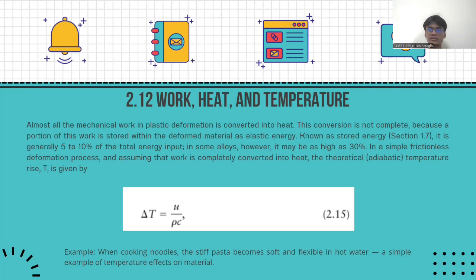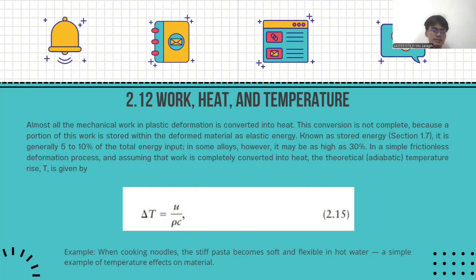In some alloys, however, it may be as high as 30%. In a simple frictionless deformation process, and assuming that work is completely converted into heat, the theoretical adiabatic temperature rise, delta T, is given by delta T = u / (rho c).